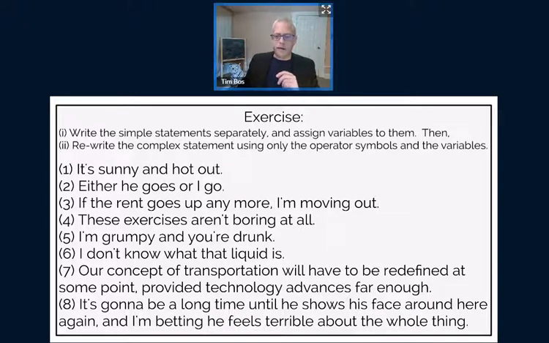So you can just very easily symbolize the simple statements, which happen to be long in this case, with just a single variable, like Stacy just did, right? Letter F, it's going to be a long time before he shows his face. Ampersand for and, then T, feels terrible, right? Yeah, study each of these carefully. Now, I'm going to show you the truth table and how they work in just a second.